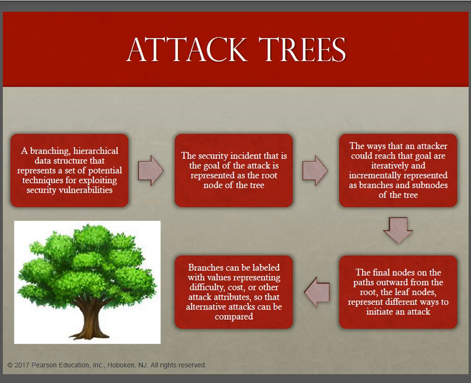Each subnode defines a subgoal, and each subgoal may have its own set of further subgoals, and so on. The final nodes on the paths outward from the root, the leaf nodes, represent different ways to initiate the attack. Each node other than a leaf is either an AND node or an OR node.